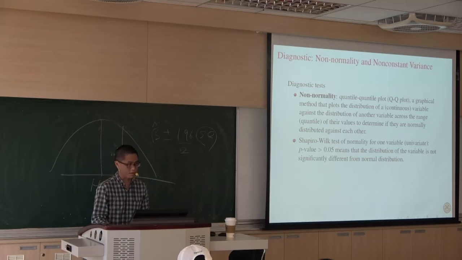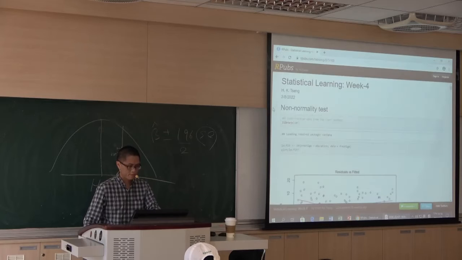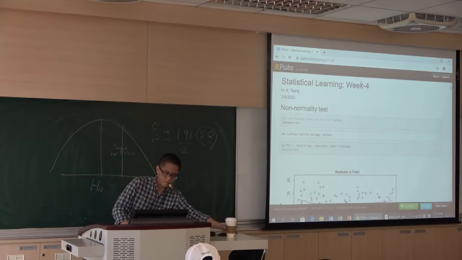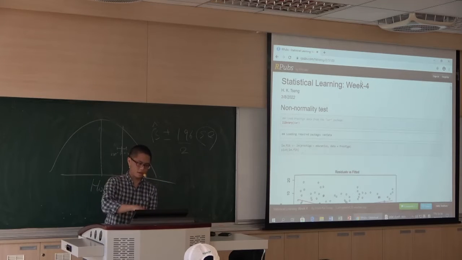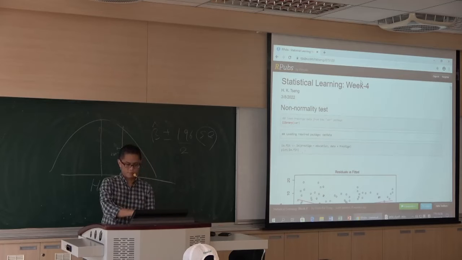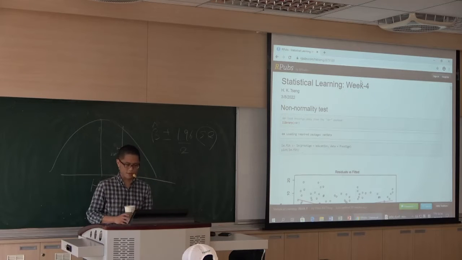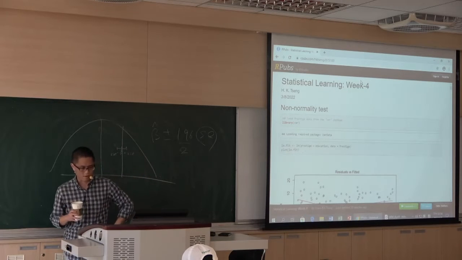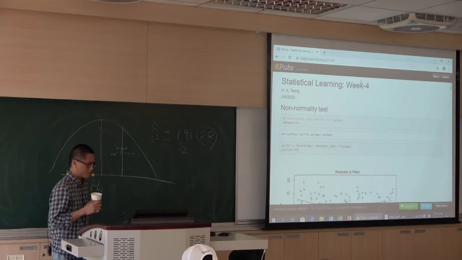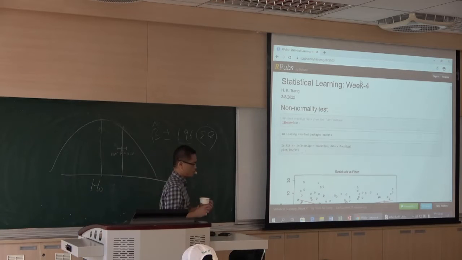So I would like you to move to our plot page for this week. So we just use the Prestige data, associated with our course. You simply fit a really simple linear regression model.